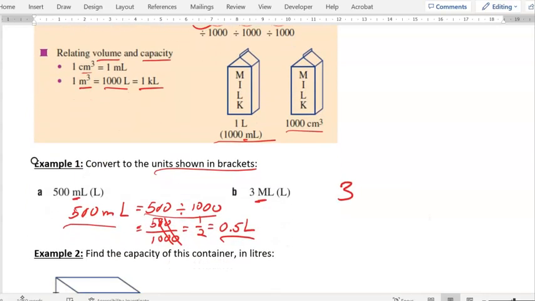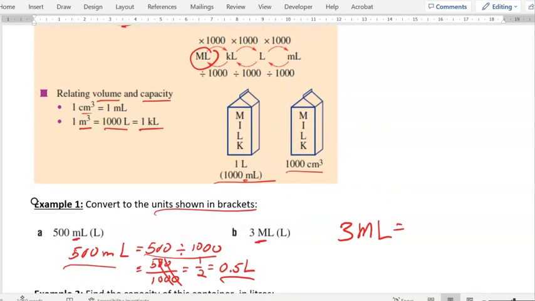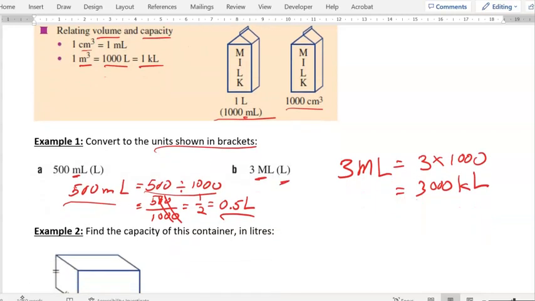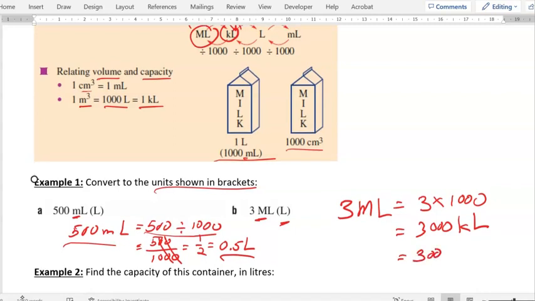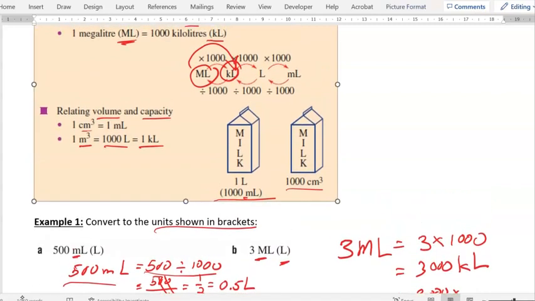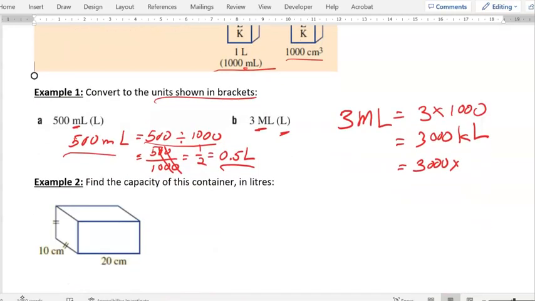So 3 megaliters is equal to, let's see, how many kiloliters? If we went from megaliters to kiloliters, we would write 3 times 1,000, which would give us 3,000 kiloliters, right? So we've got this far, but that's not what we want. We want the whole thing in liters. So that's also equal to 3,000 kiloliters times another 1,000.